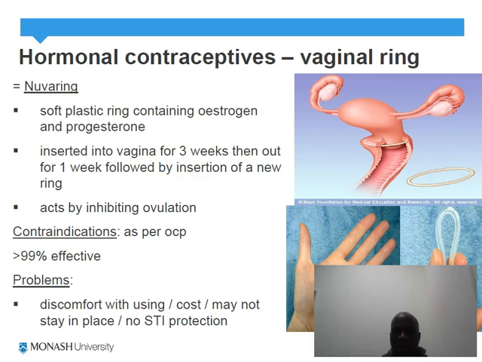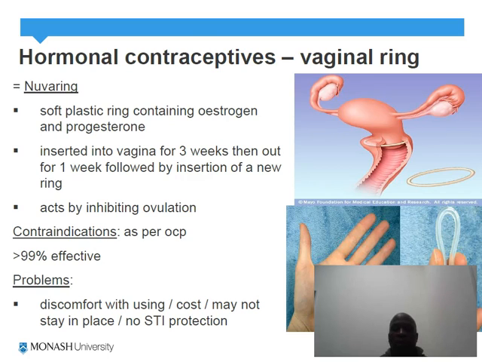It becomes discomforting, especially when you can feel the presence of the ring, and during intercourse it may disrupt the enjoyment. Of course, the cost, I think it's quite costly, and it may not stay in place. It may move around, wobble a bit because of movements, and there is no protection against STIs. So this is something that people need to be aware of.